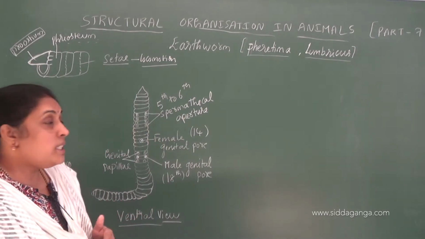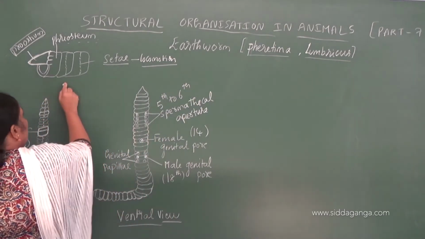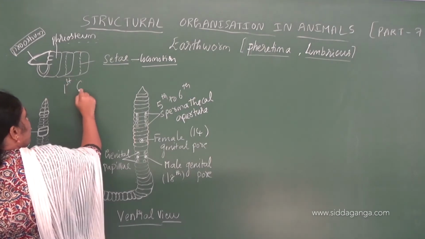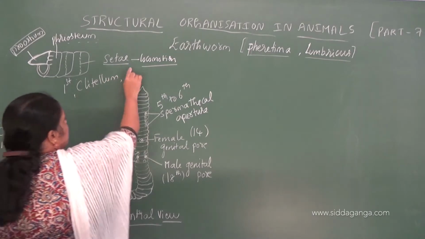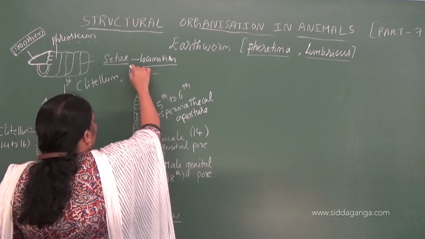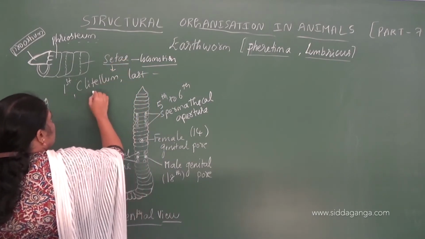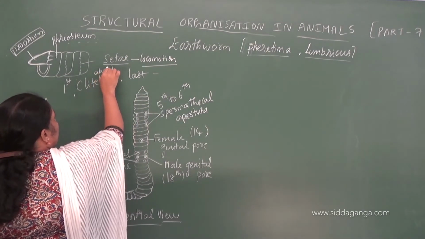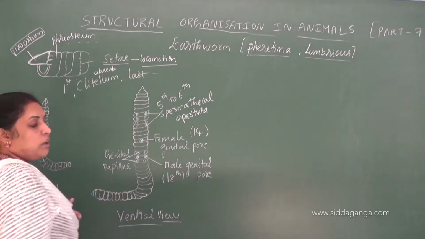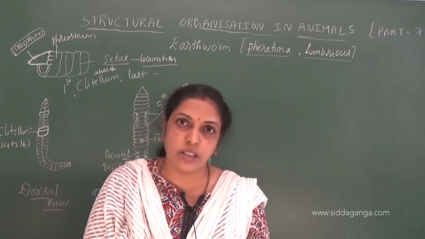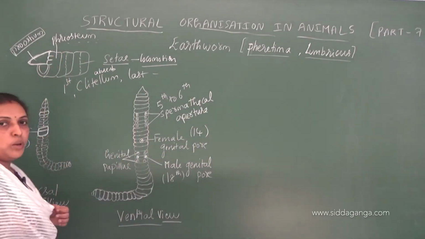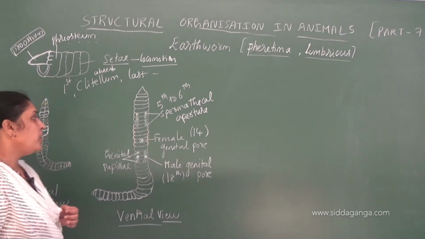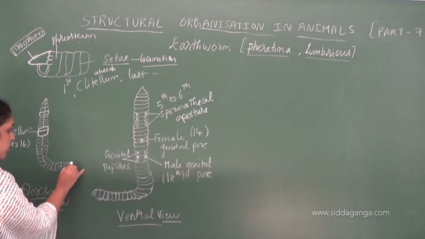Understood? These setae are absent in the first segment, the clitellum, and the last segment. So first segment is this one. Peristomium is the first segment, and this one is the last segment.